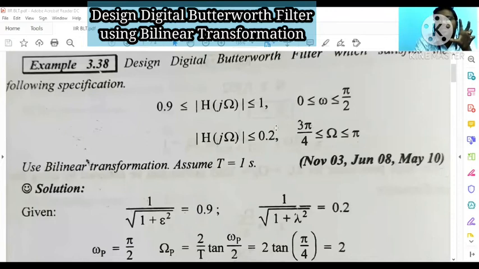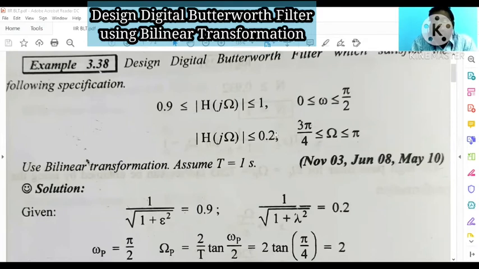Next, note the omega value. What kind of omega is given in this problem, whether capital omega or digital small omega? Look at this problem: capital omega is also given, small omega is also given. If it is given, don't consider it wrong. But there is a procedure to transform analog to digital, because our digital filter is not obtained directly.